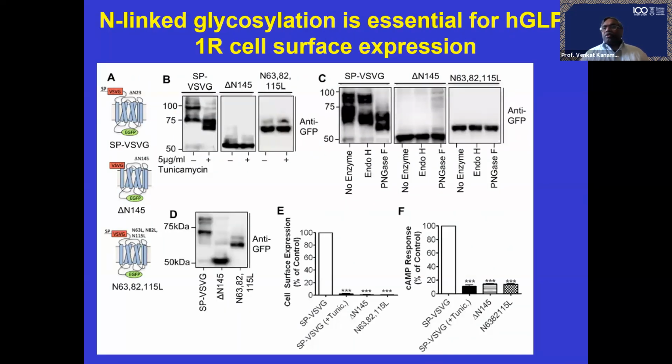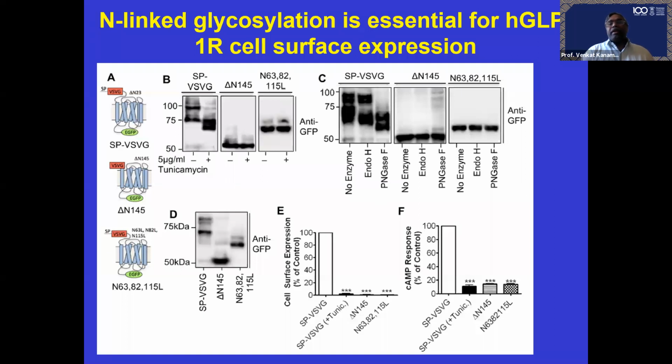Very often receptors do undergo glycosylation, and glycosylation is also an important part for receptors to target to their own localization. In this case, it's the plasma membrane. Very often deglycosylated receptors run faster than the normal N-glycosylated receptors in Western blotting.